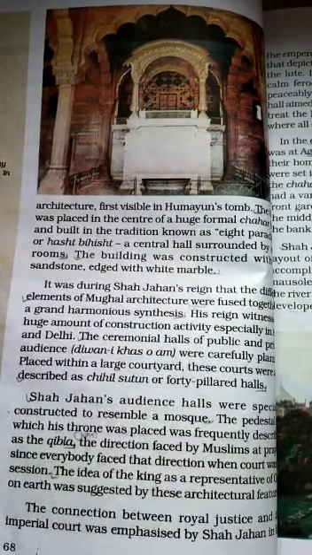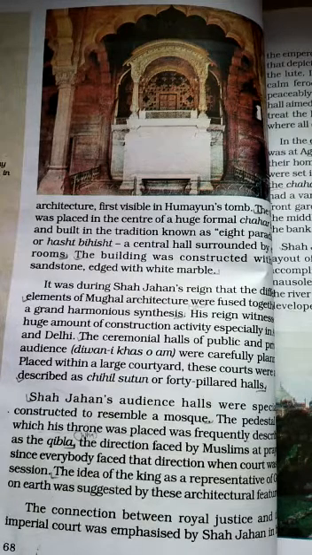The Red Fort of Delhi shows the connection between royal justice and the imperial court. Behind the emperor's throne was a series of pietra dura inlays that depicted the legendary Greek god Orpheus playing the lute.